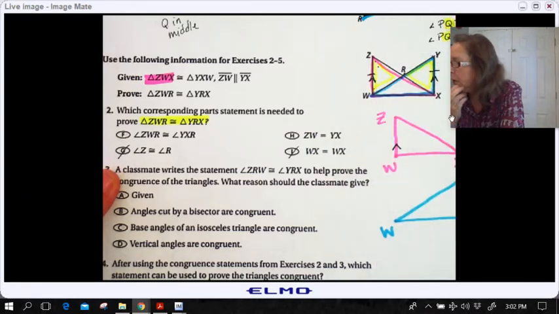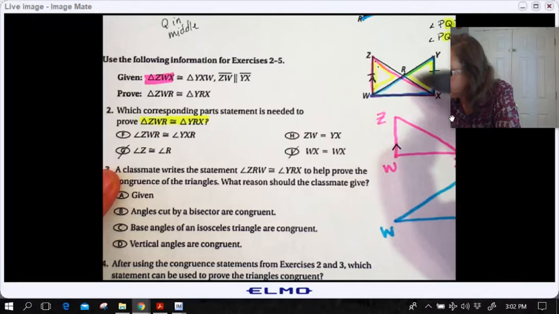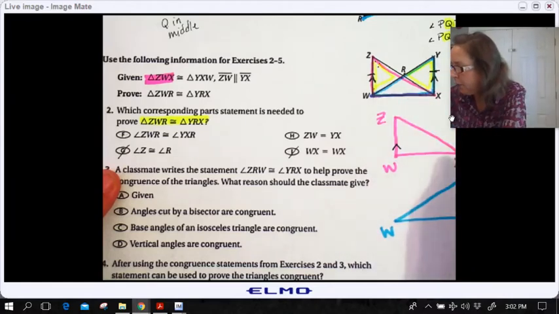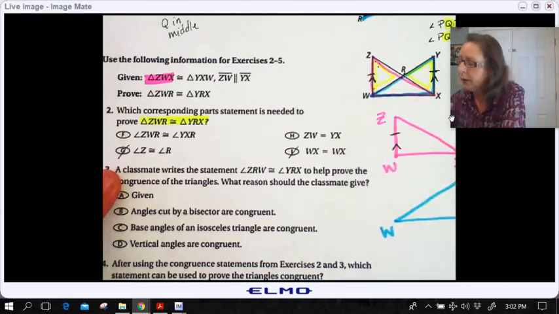Okay. Why is that the most helpful? Well, because I know that the pink triangle is congruent to the blue triangle. And so that's the information that I can gather from here. Okay. Now I know that those two sides are congruent.